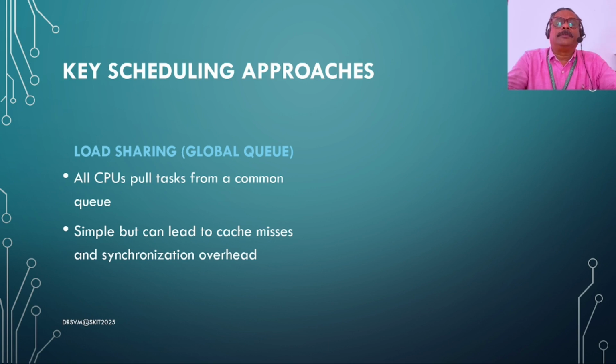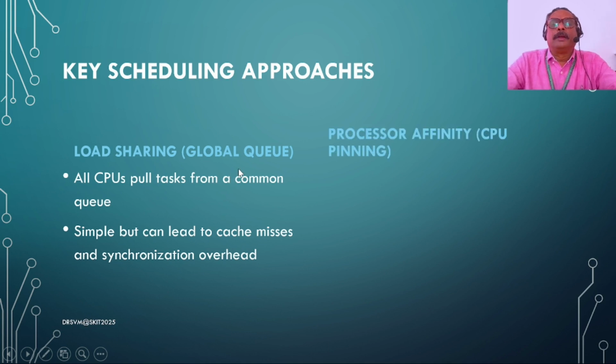But if it is next scheduled on another CPU, then we need to make sure that everything is rewritten properly onto the other processor's cache memory, and proper synchronization has to be taken care of. So it's going to be a little costly affair when we work with a global queue.